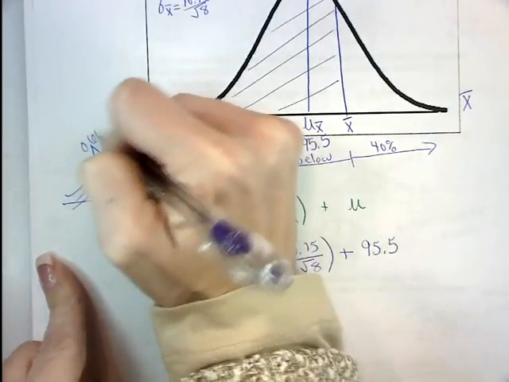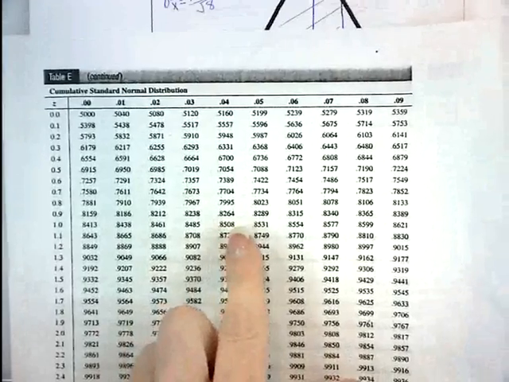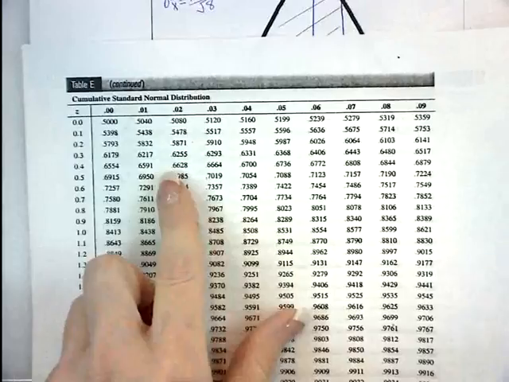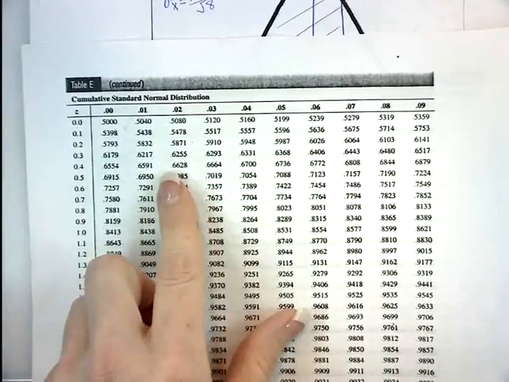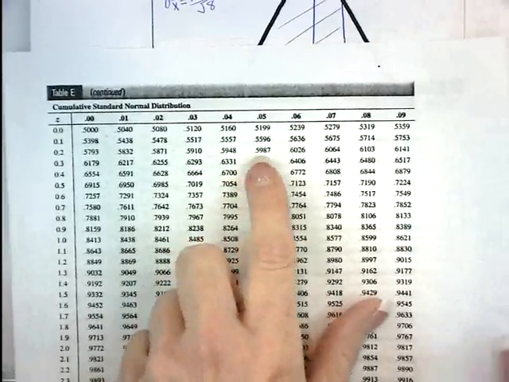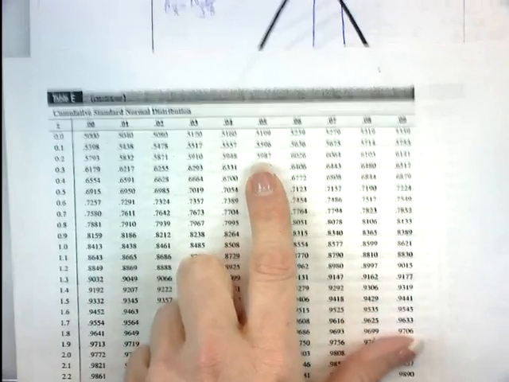So 60% of the area falls below it, and 40% of the area falls above it. So go to your z-table and look up an area of 0.6, or the area closest to it. And that is going to be, let's see, it looks like it's going to be 0.5987.